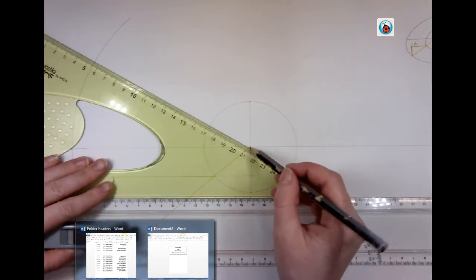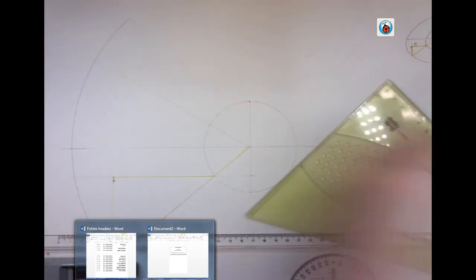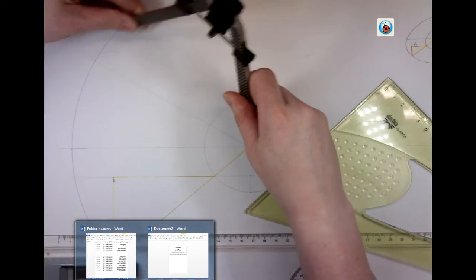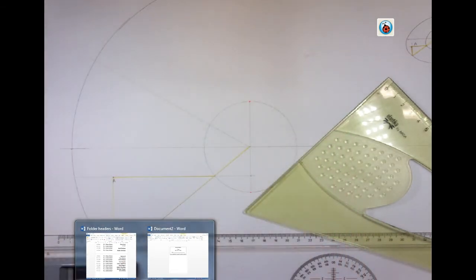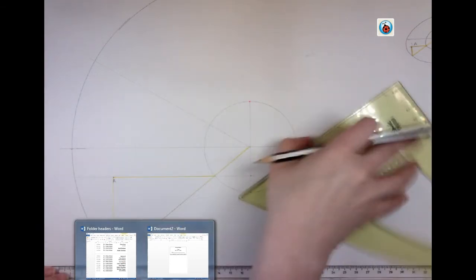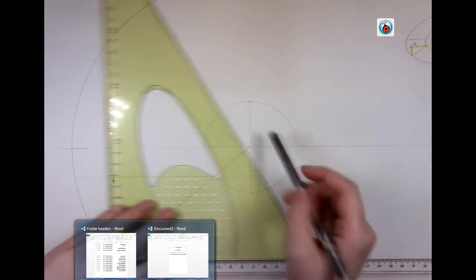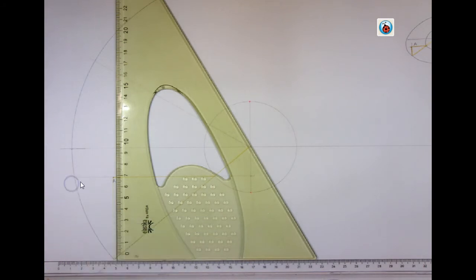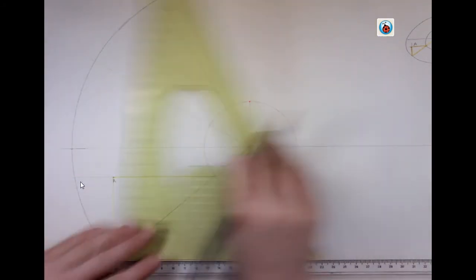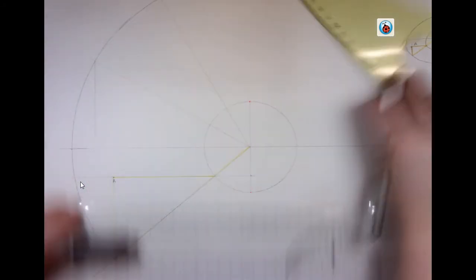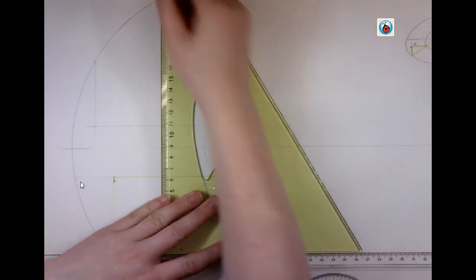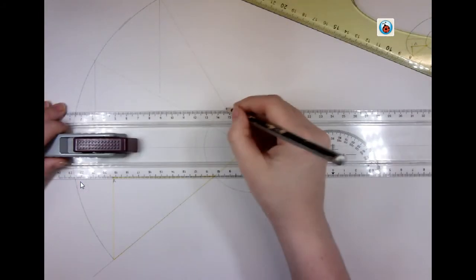So I'm going to go 30-degree line. Just going to extend on my major circle. And a 60-degree line. Where it hits my major, go parallel to my minor. Where it hits my minor, go parallel to your major. Where it hits your major, parallel to your minor. Where it hits your minor, parallel to your major.